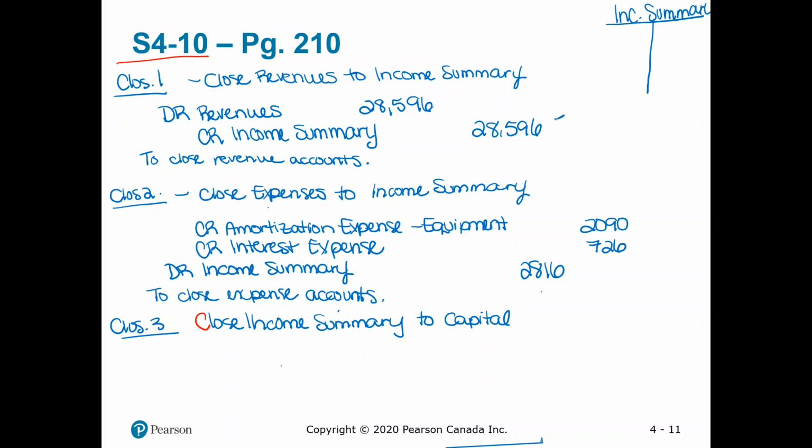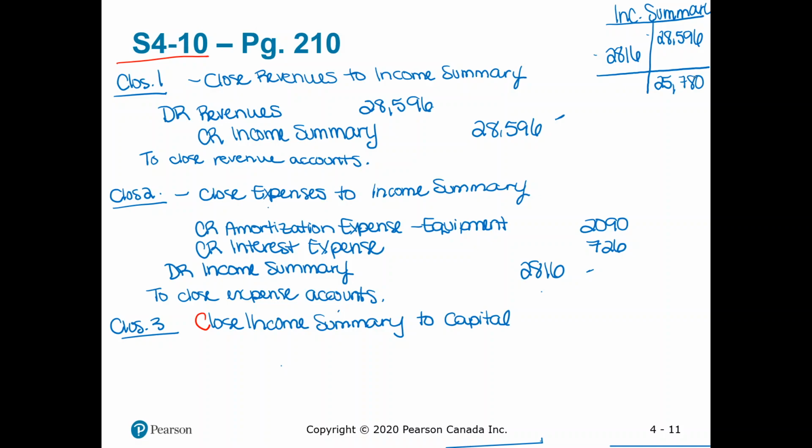In closing entry number 1, we credited this account $28,596, and in entry 2, we debited it $2,816. So we can now calculate the balance after those 2 entries. We take 28,596, subtract 2,816, and we get 25,780.